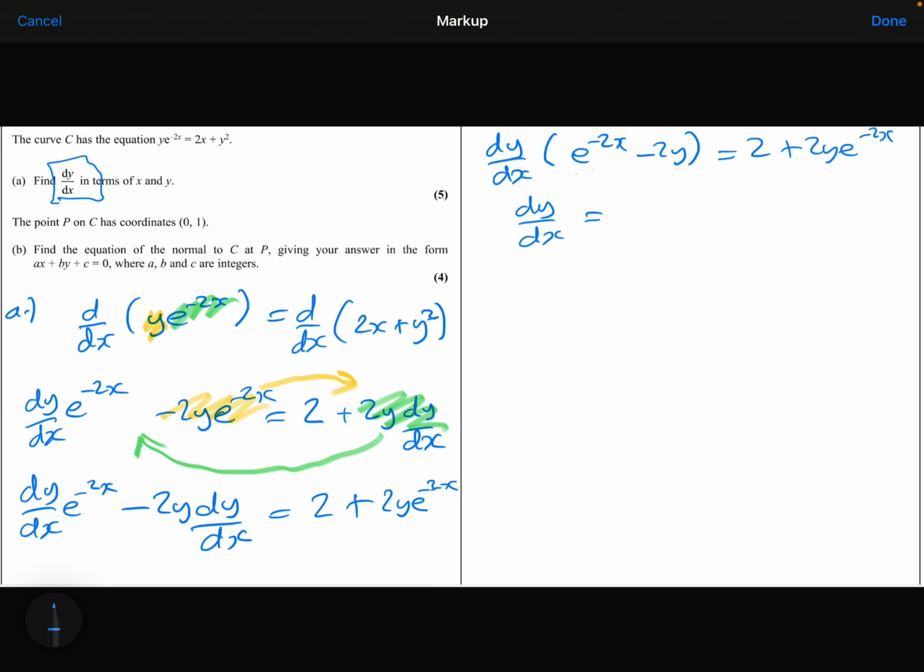We'll now divide both sides. And that is the answer to part A. I have found dy by dx in terms of x and y. Let me just write that answer here.